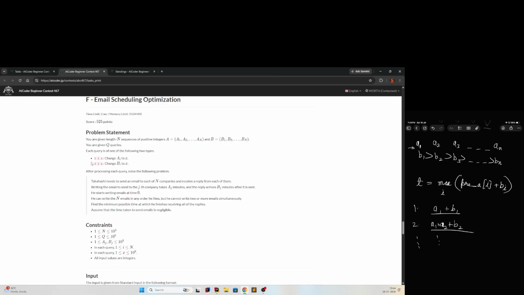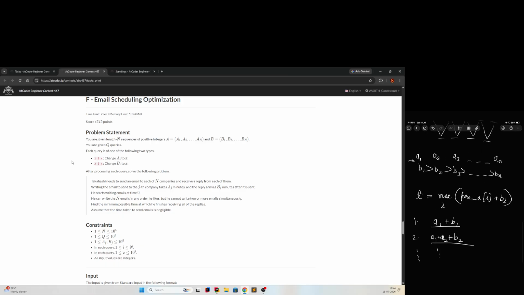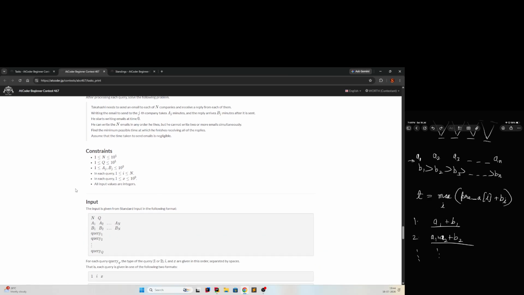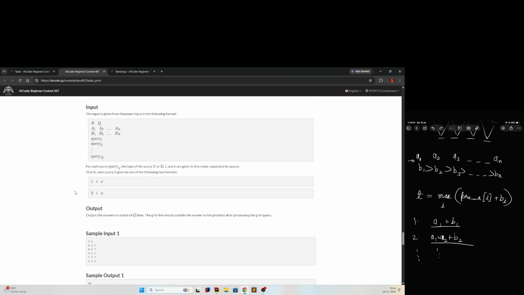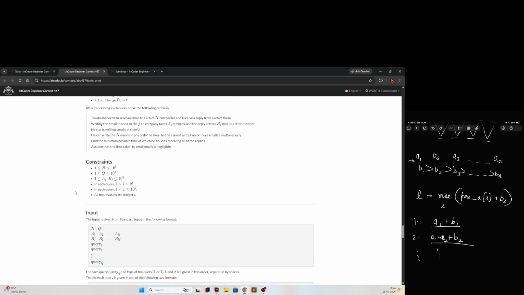So updating AI was not a challenge, but updating BI is a challenge because that will change our order of operation, like the mailing order, the order in which we write the mail. So that is a challenge. How I tackled it is, first of all, I've not done it in an online fashion. I did not process queries one by one, in the sense that I stored all the queries.